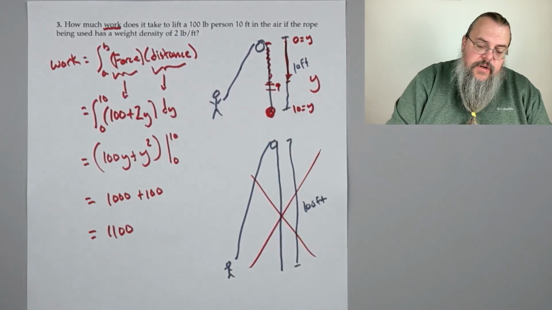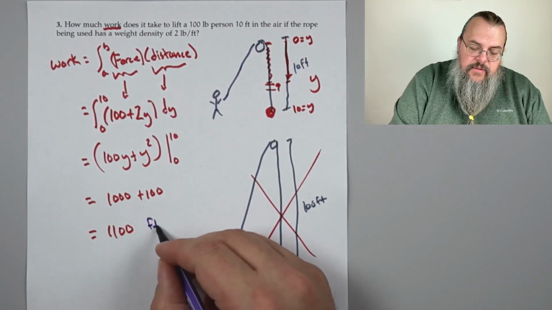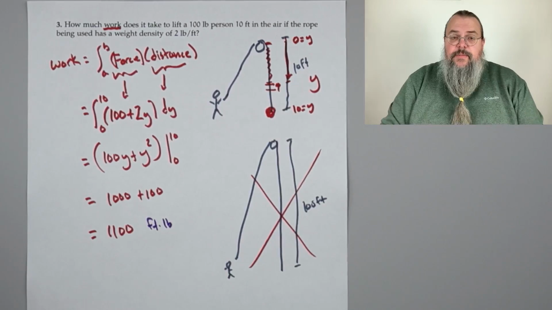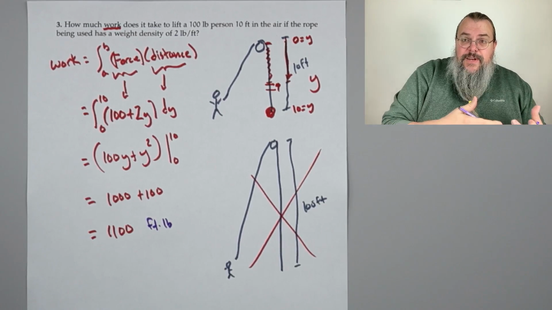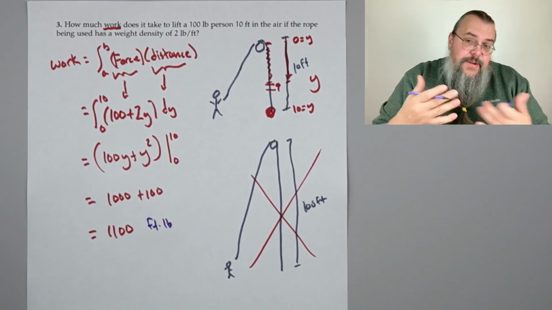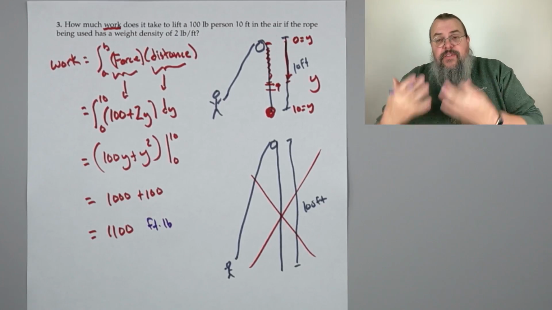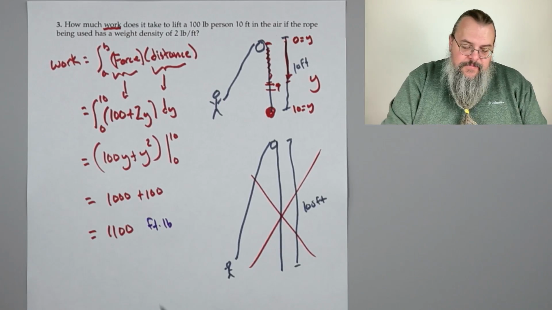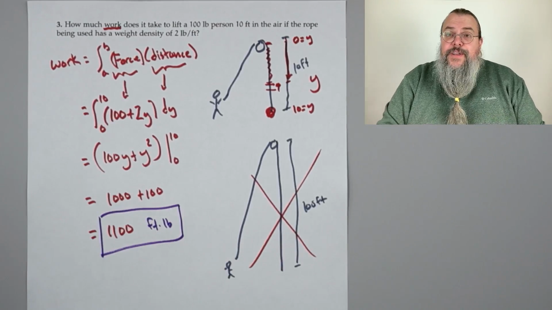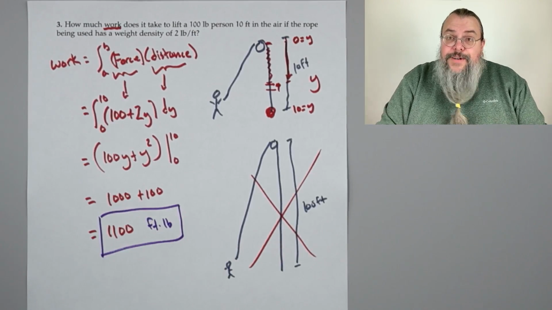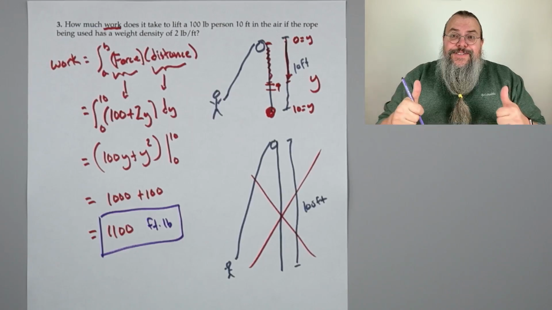And so we could put in foot-pounds. Now, sometimes they will say include units. Sometimes they don't specify. If they don't specify, you don't have to put them in. But if they say to include it, make sure you put them in. But for us, 1,100, that's the amount of work. And now we're done. Nice. Woohoo!